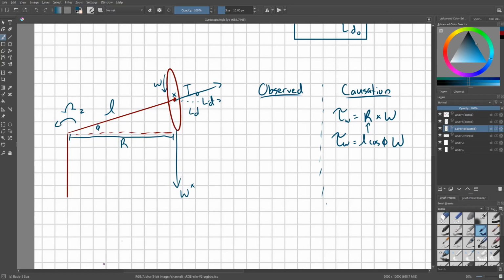That has no bearing on the vertical component. So what we care about is the horizontal component. So dL/dt equals omega times L_D cosine phi.